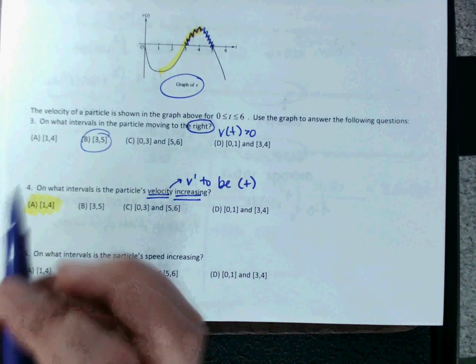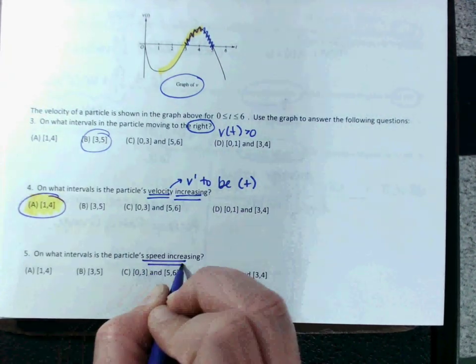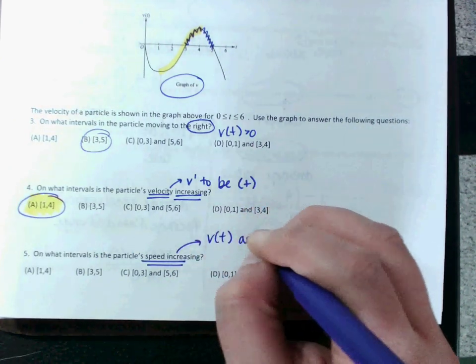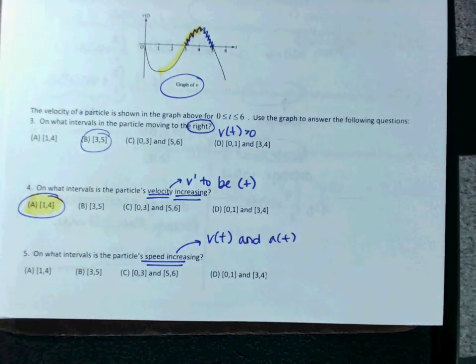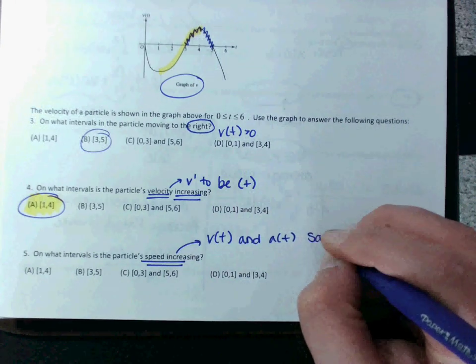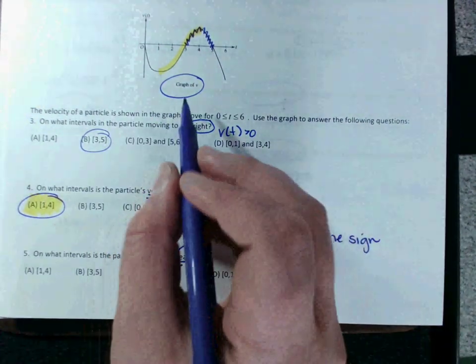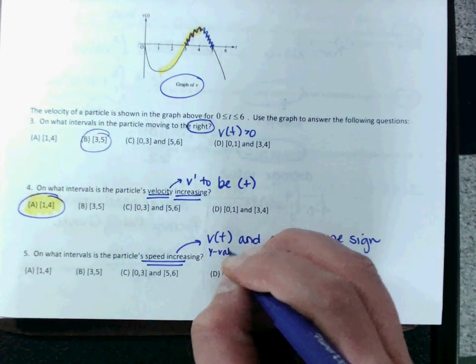Okay, then for my last part, question 5, it says, when is the speed increasing? Remember that speed is increasing when v of t and a of t have the same sign. And so then remember that if this is v of t, then this is above or below. These are the y values.